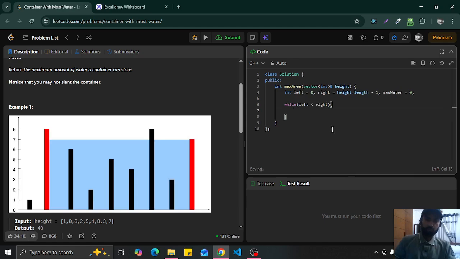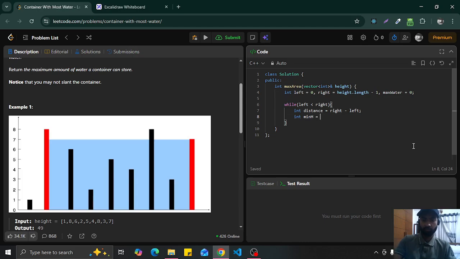Okay, now let's calculate the distance between these two. The distance is going to be right minus left, and we will also need the minimum height of the containers.